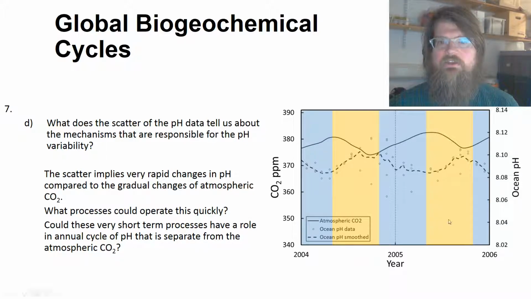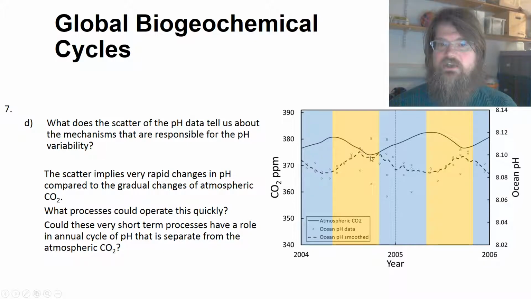If we have a look at the data, you can see that the CO2 follows quite a smooth, continuing up and down curve, which you might remember from the practical that we did on CO2 and ocean pH. But in the pH data, there's quite a lot of variability.